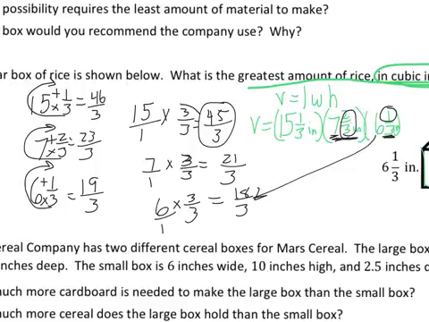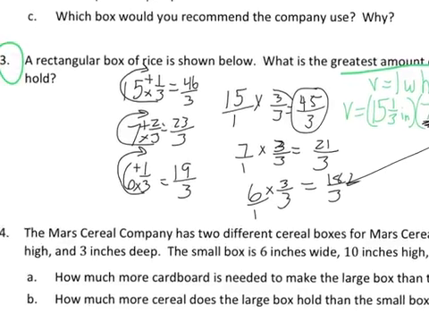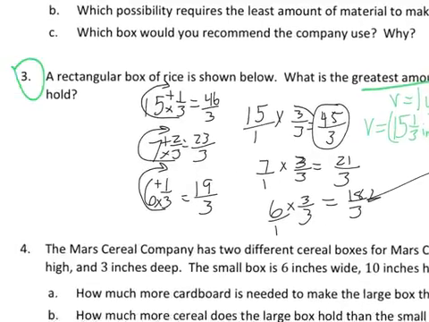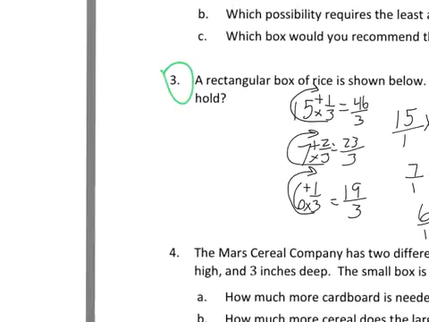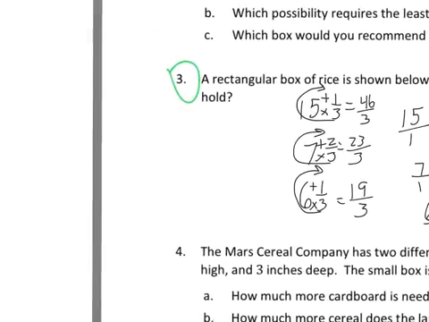So I got all 3 of those. Now I need to multiply them. Again, we're talking about inches, so I'm going to slide over a little bit more. I'm going to take those numbers, and I'll have 46 thirds times 23 thirds times 19 thirds. This is where your math skills come into play, because you have to do 46 times 23 times 19.